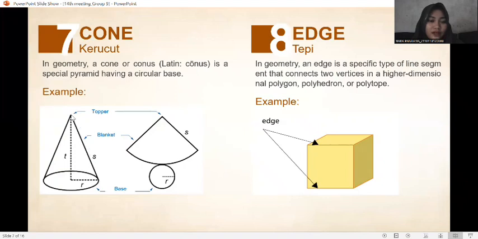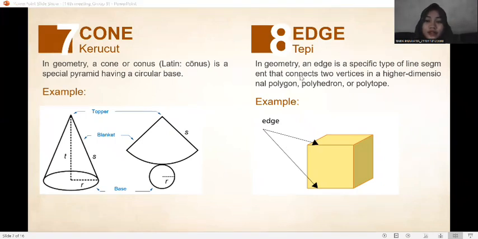And here is the apex. From here to here is T. Here to here is R. Here to here is diameter. Here is base. I'm sorry, the circle here is base.